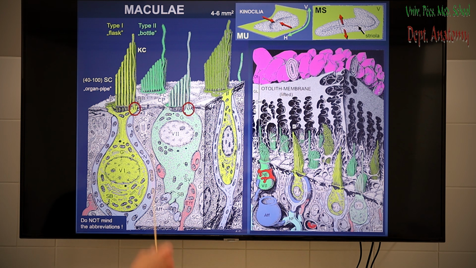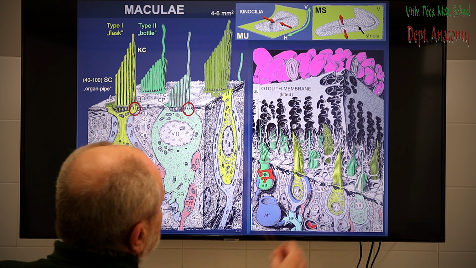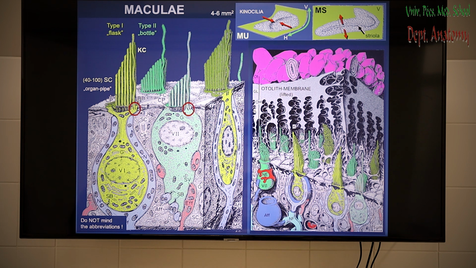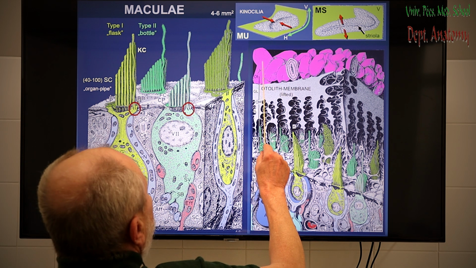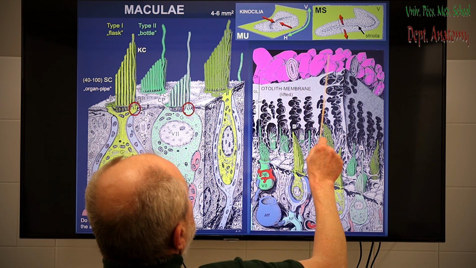On top of the hair cells, there's a beautiful membrane which corresponds in structure to the tectorial membrane in the inner ear, but this is fully packed with extremely small crystals.